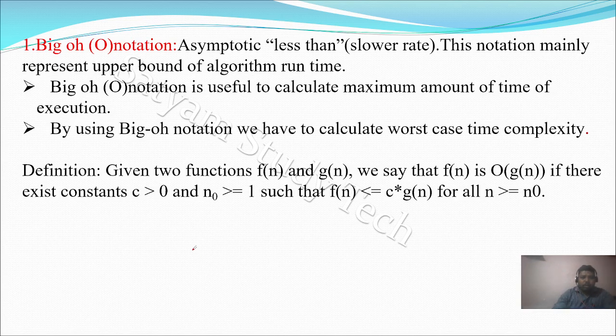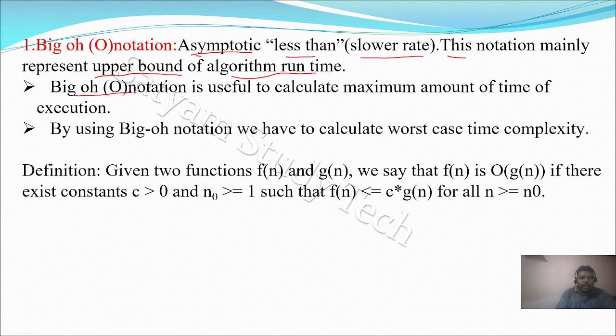Now the big O notation: it is a slower growth rate. The worst case time complexity can be represented by using big O notation. This notation mostly represents the upper bound of an algorithm's runtime, which is an important point.